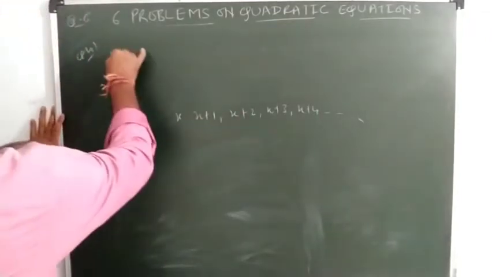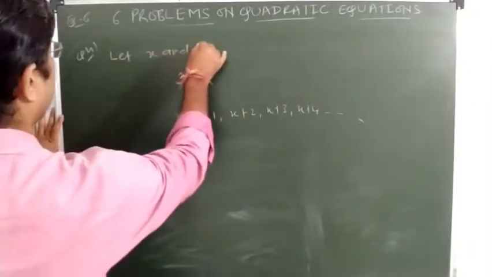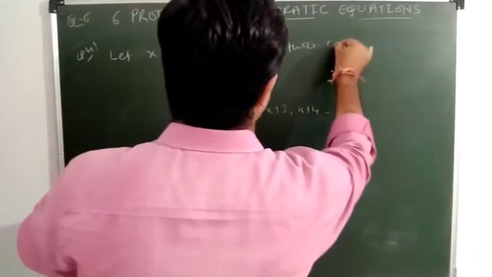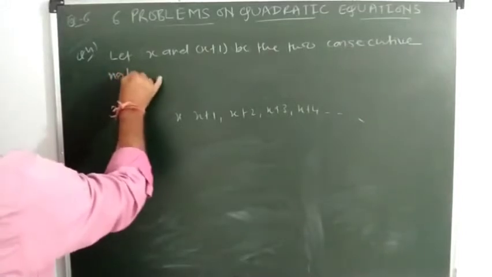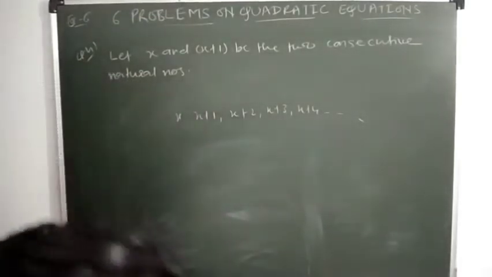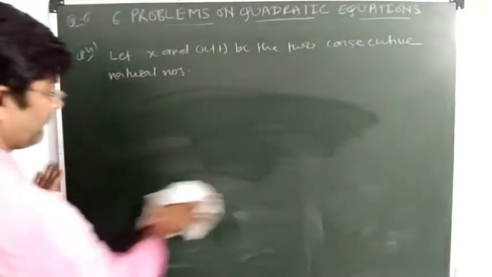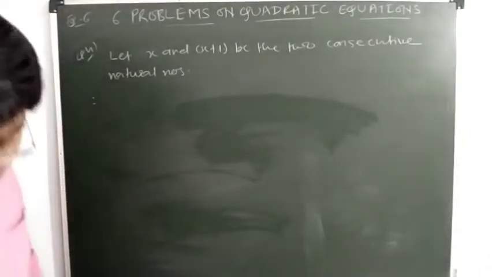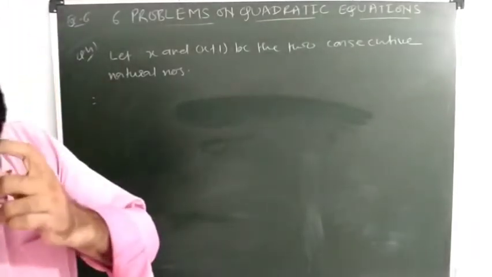So let x and x plus 1 be the two consecutive natural numbers, and further we are given that the sum of whose squares is 145.